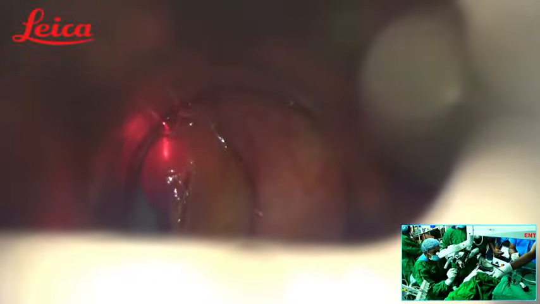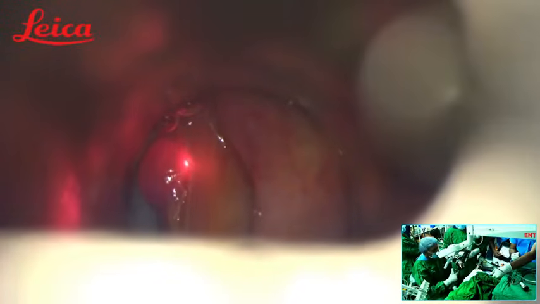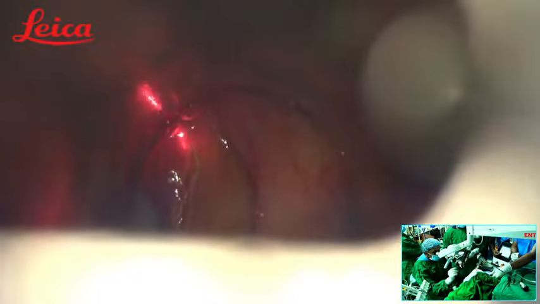So your hand should be off the joystick when you are putting an incision or when you are lasing the tissue. And the joysticks can change the angle of the blade.